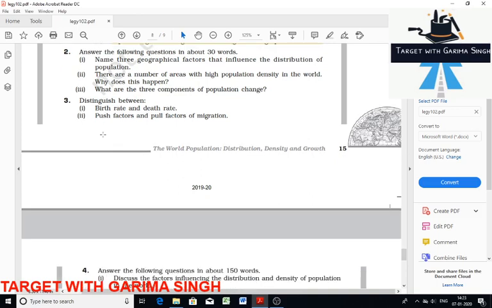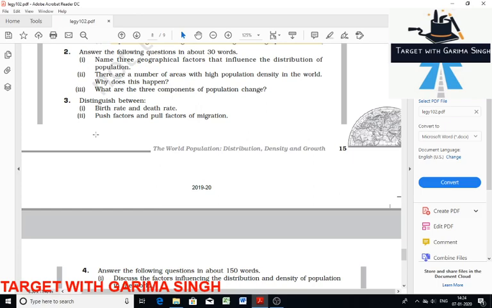Push factors force people to move out, hence cause emigration. Pull factors cause inflow of people, hence cause immigration. Examples of push factors: unemployment, poor living conditions, political turmoil, unpleasant climate, natural disaster, epidemic, social and economic backwardness, not getting a job, that is unemployment. Pull factors, you can write better job opportunities, better living conditions, peace and stability, security of life and property, and pleasant climate. So these are the push and pull factors.